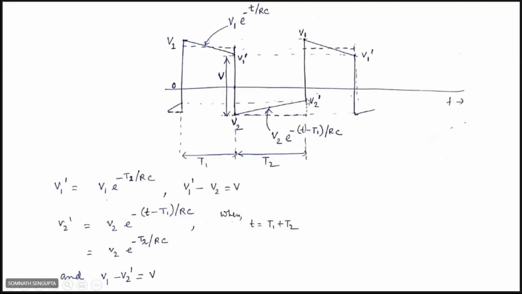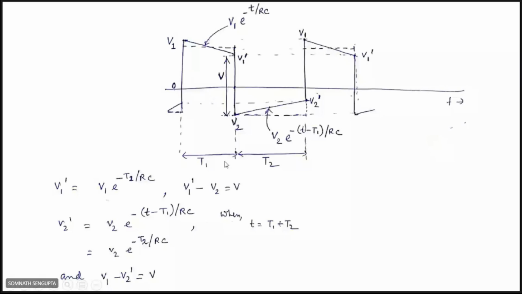This V2 dash is at T1 plus T2. This is T1 and this is T2. So in place of t, we write T1 plus T2. So T1 will cancel out. You will get V2 dash is equal to V2 into e to the power minus T2 by RC.